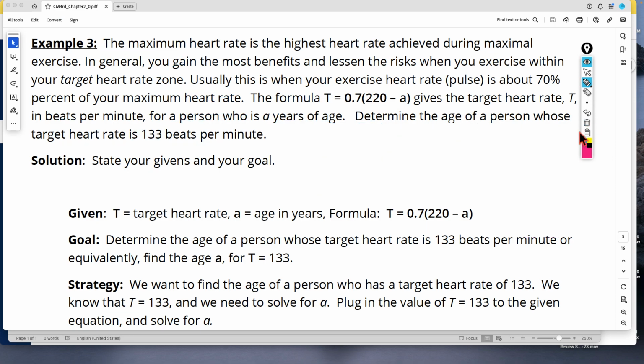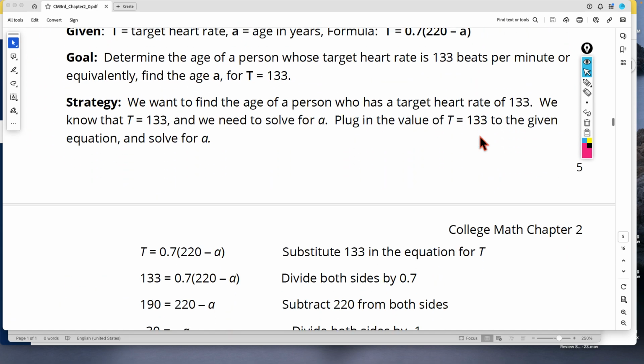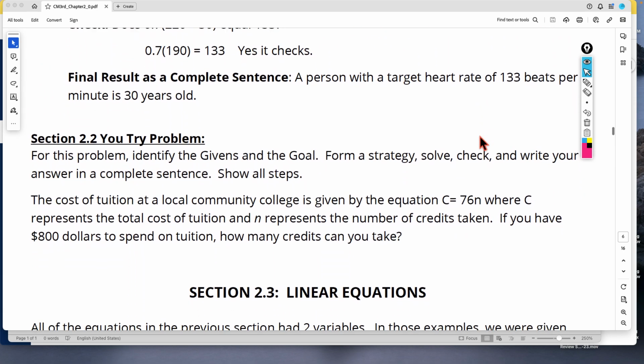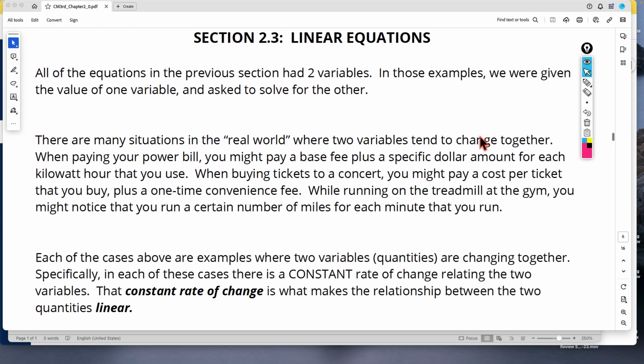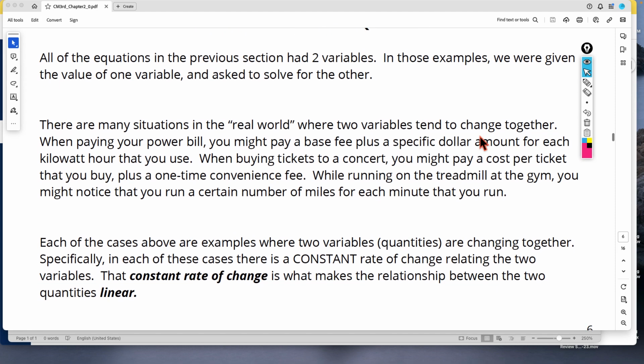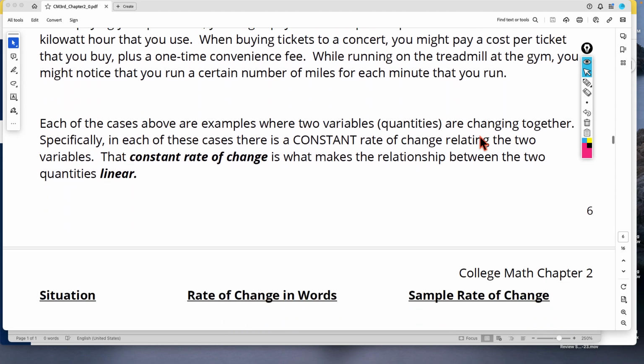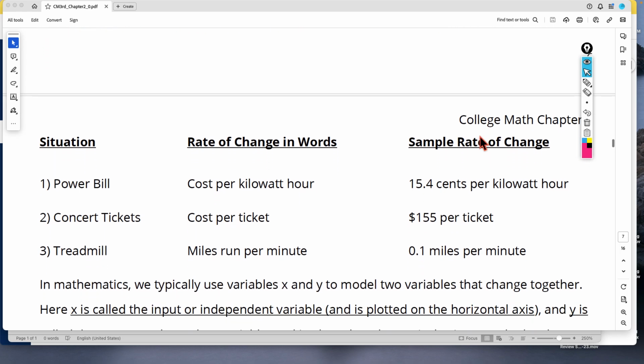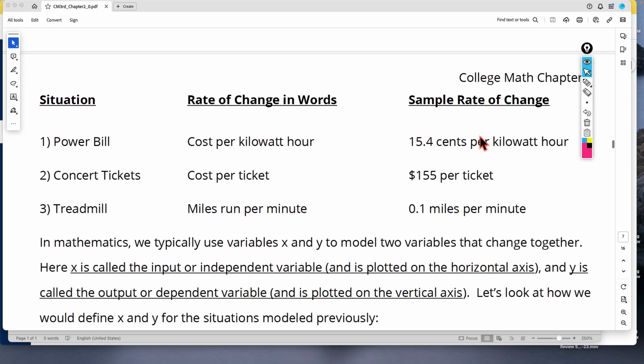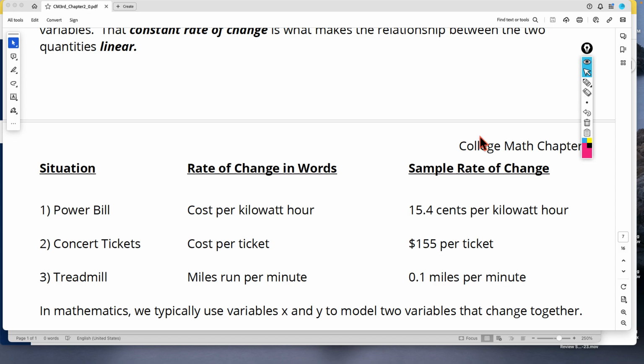Good. All right. So that pretty much will take care of the solving. Now we're going to get into linear equations. A linear equation, actually we solved a few of those, something like 2x plus 4 equals 5 or equals something.